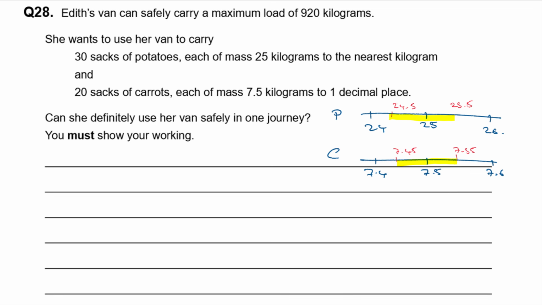Okay, so the upper bound is going to be equal to 30 sacks of potato, 30 lots of the upper bound of P, 25.5, plus 20 sacks of carrots, and again we're going to use the upper bound here, 7.55. Worst case scenario, they're all at the heavy end of their range.